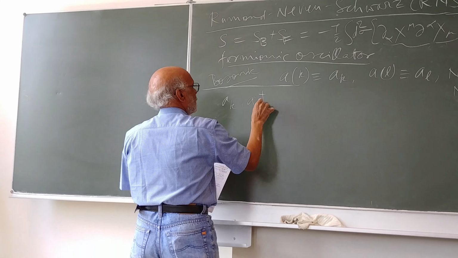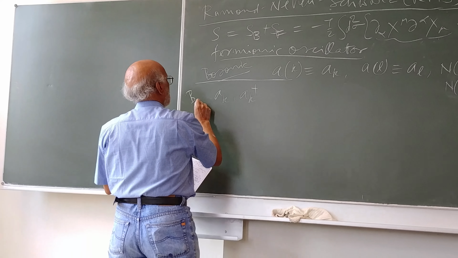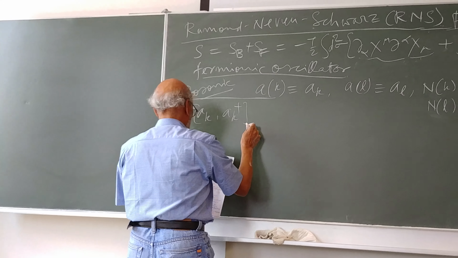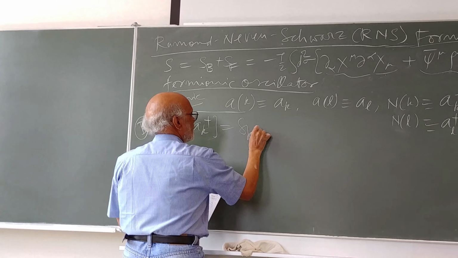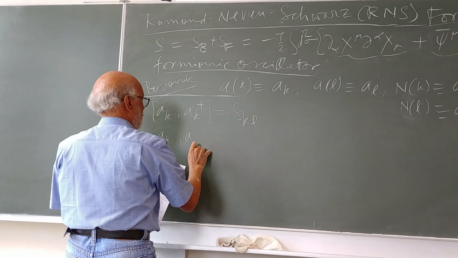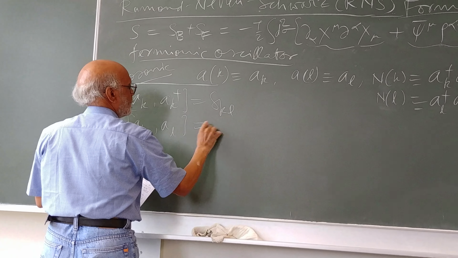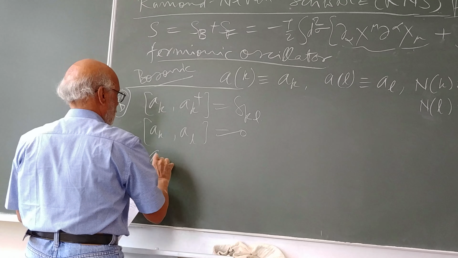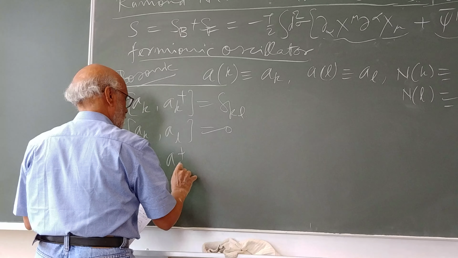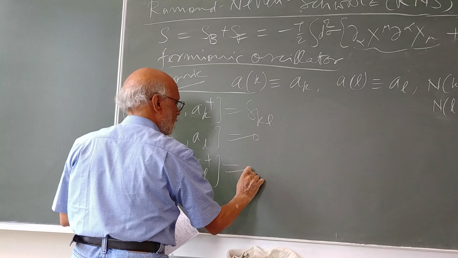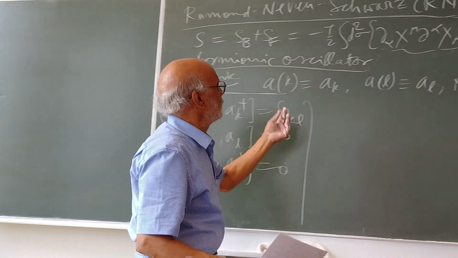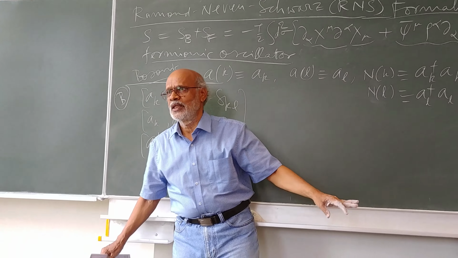Now, the commutator of A_K with A_L dagger is delta KL. And A_K with A_L is 0. I'm just introducing the fermionic oscillator, okay?